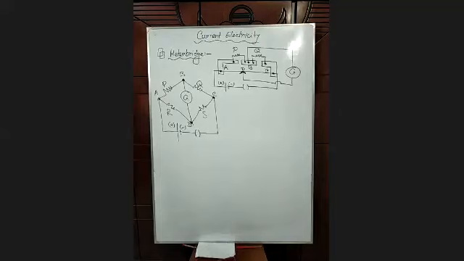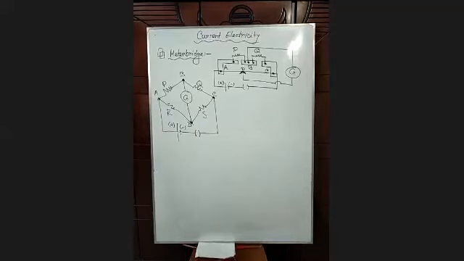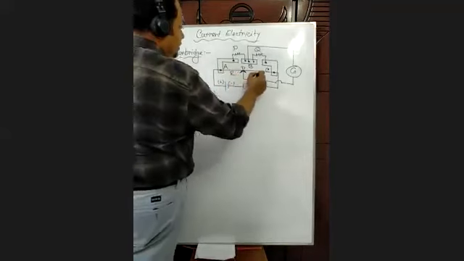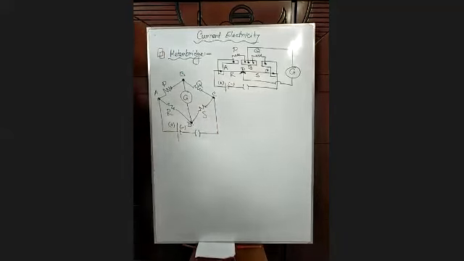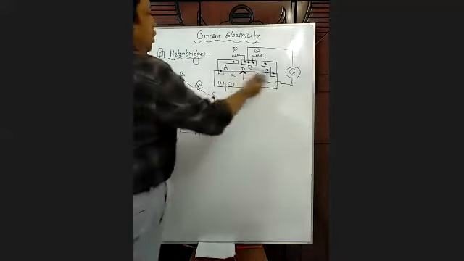But now we have one question left. The Wheatstone bridge has 4 resistors, P, Q, R, and S. But in the meter bridge, we have seen only 2 of them, P and Q. So where are the R and S resistances? The R and S resistances can be found in the meter bridge wire.